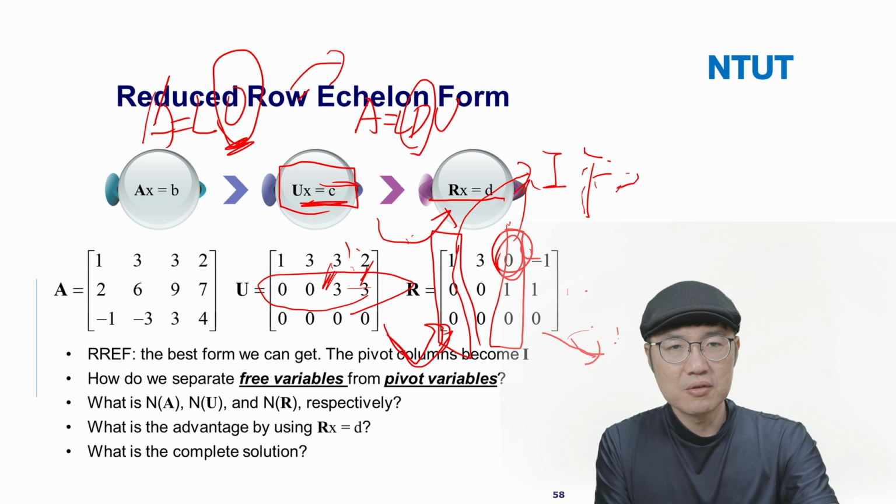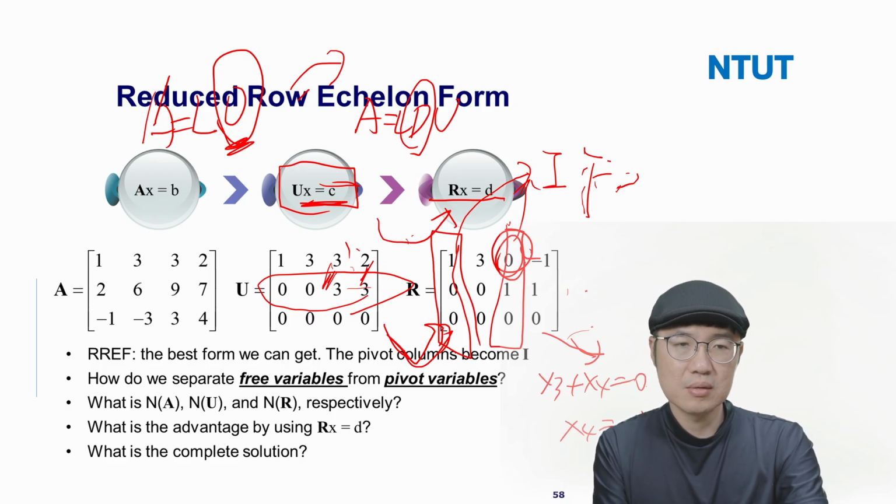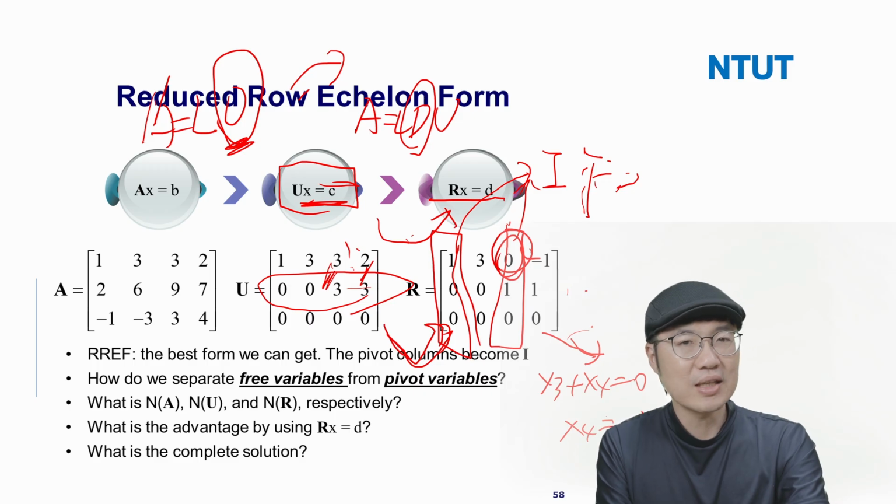For example, from the second equation, x3 plus x4 equals 0. So x4 can be readily substituted by minus x3.